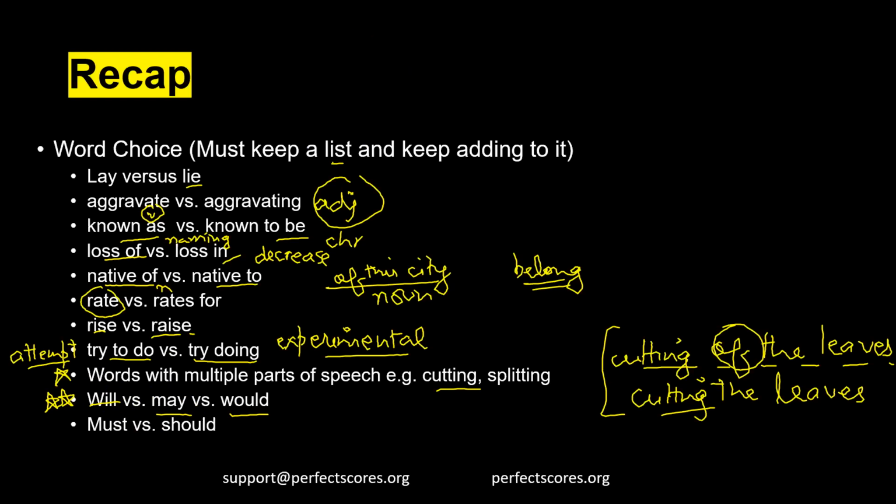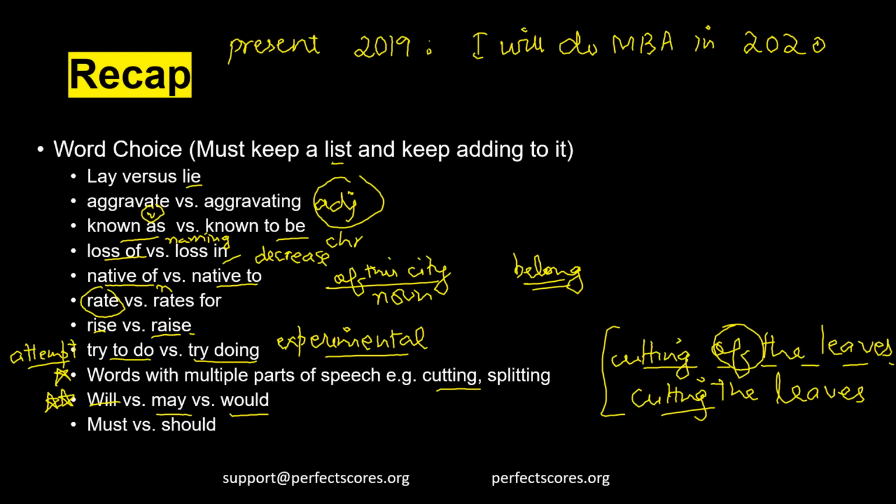So suppose right now I'm saying, so this is the year 2019, I am saying that I will do an MBA in 2020. So the statement is being said in the present and it talks about the future.